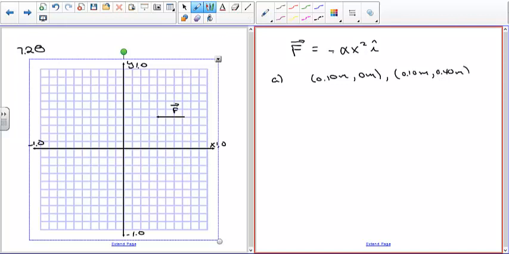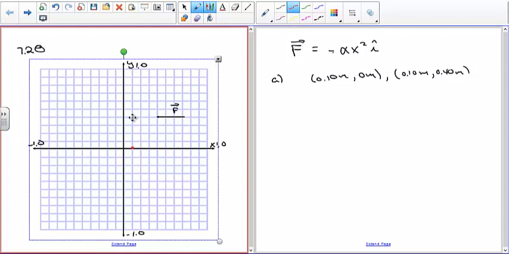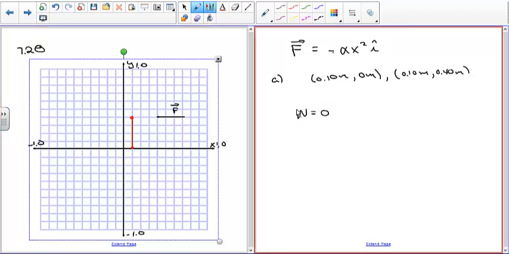So if we plot those points, it'll be here and here. So this is the path it's going to take. It's a straight line path. Now, because the force is pointing from right to left, and the path is vertical, the work done in this case is just 0.